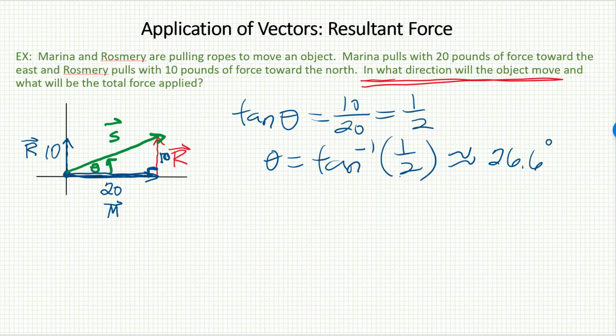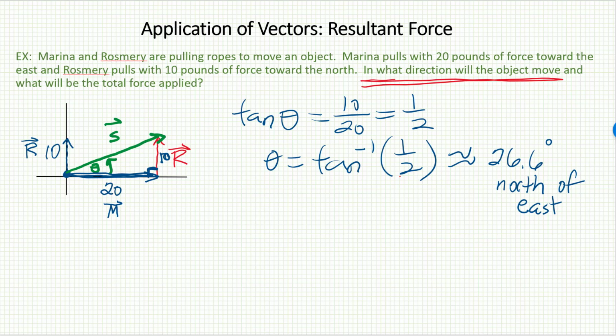And I suppose the fancy way to give that answer would be 26.6 degrees north of east. Right? Marina was pulling to the east. The object, though, because Rosemary's pulling to the north, is going to end up traveling on a path that's about 26.6 degrees northward of due east. So we've answered the first question.